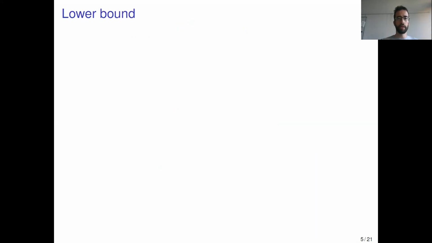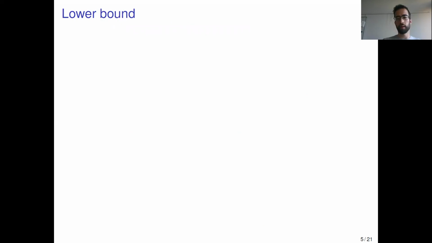Now we also get a related lower bound, and one could ask, what is a lower bound in this setting? It's actually quite obvious to see that at least n hyperedges are required. One can easily construct examples where you would need n hyperedges just to maintain connectivity, which is crucial.